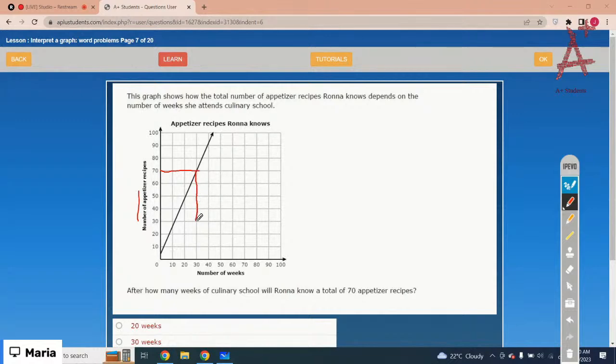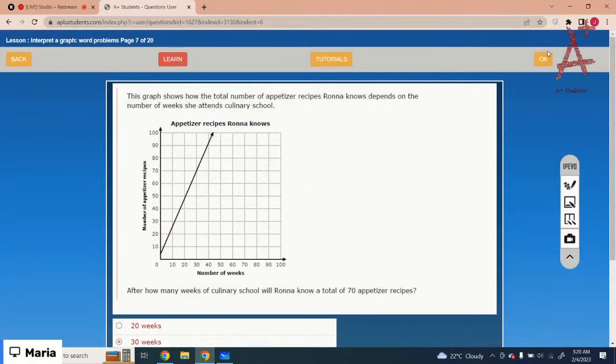It would be 30. That means after 30 weeks she will know 70 appetizer recipes. Got it? So the correct option is 30 weeks. Okay, just select the correct option then click on the OK button.